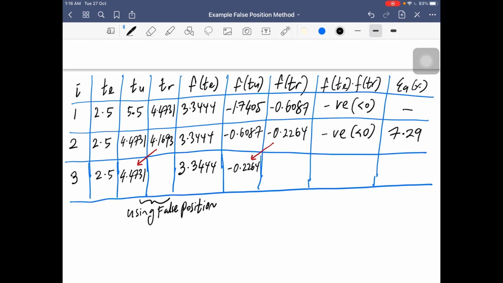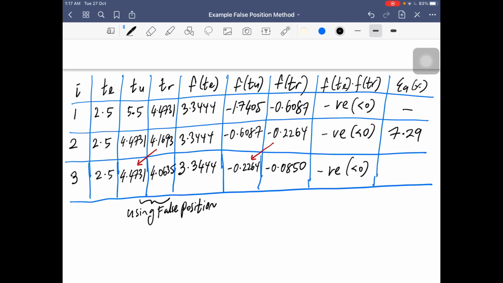Okay, so if you calculate your TR here using the false position method formula, you should get TR equal to 4.0635, and then the FTR is negative 0.0850. Okay, so you can calculate and try to check with my solution. Therefore FTL multiplied with FTR, we have positive times negative, so this is also negative, less than 0.